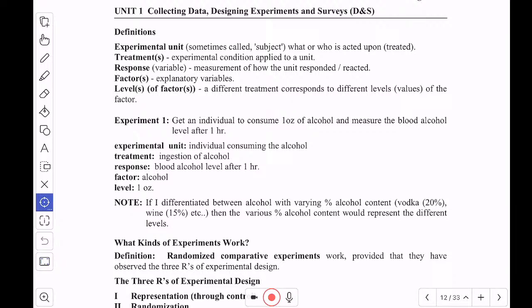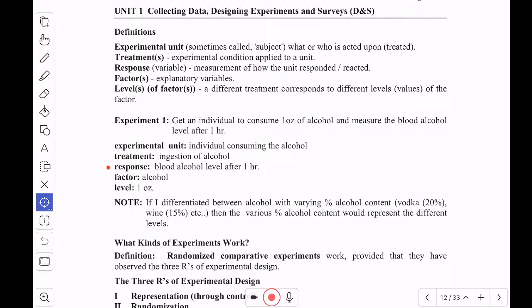So for example, let's talk about experiment 1, where we get an individual to consume 1 ounce of alcohol and measure the blood alcohol level after 1 hour. The experimental unit is the individual consuming the alcohol. The treatment is the actual action of ingesting the alcohol.